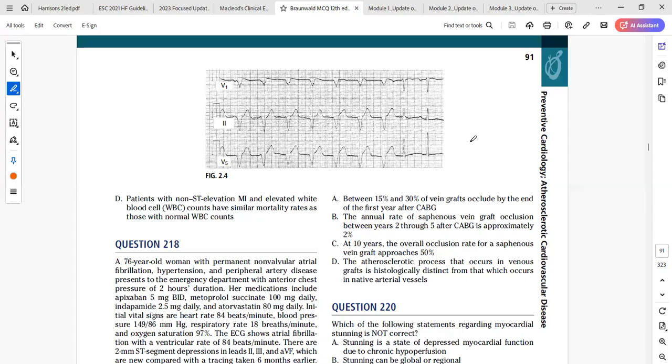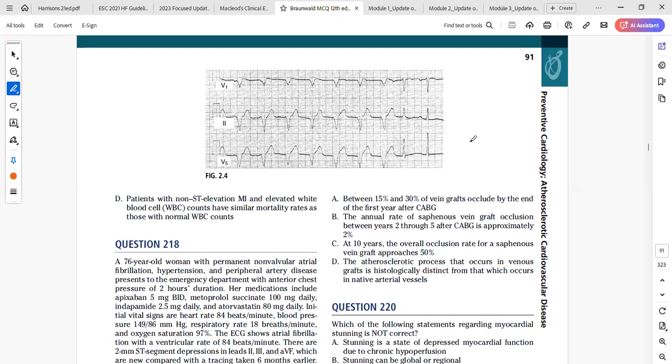Let me calculate to be exactly sure. 1500 divided by 18, about 83. That's 1500 divided by 18. So with this, it shows that most likely this rhythm is an accelerated idioventricular rhythm.